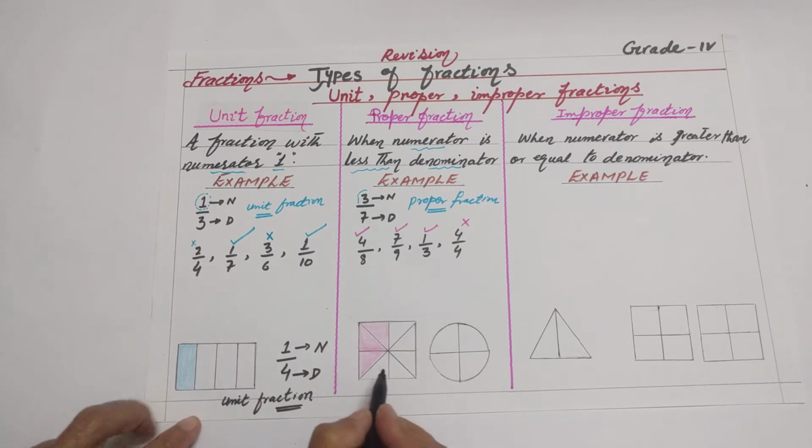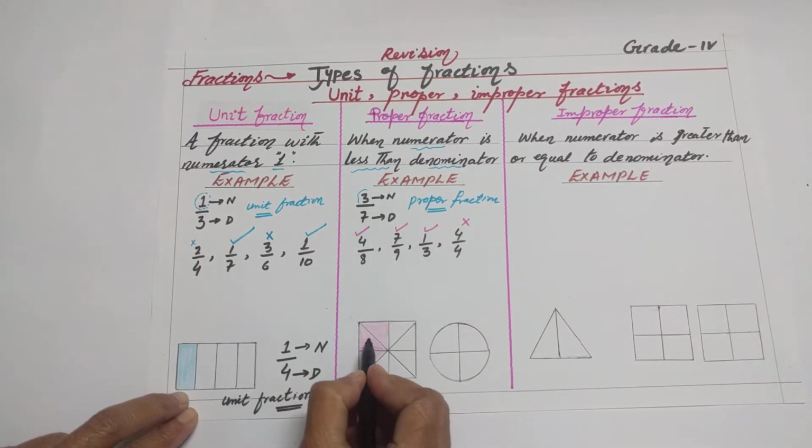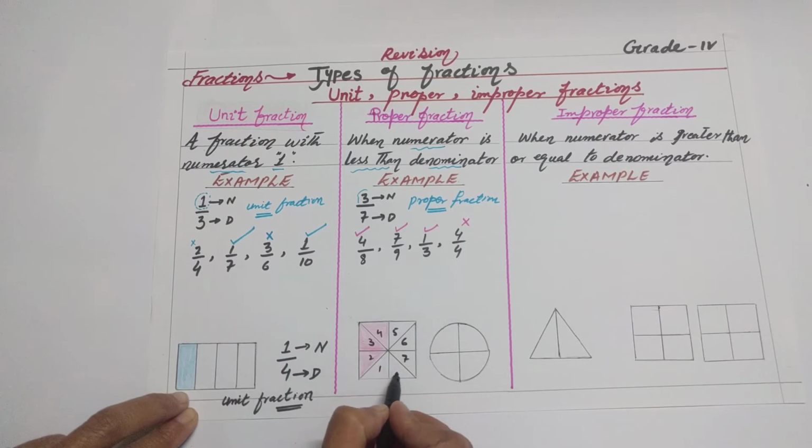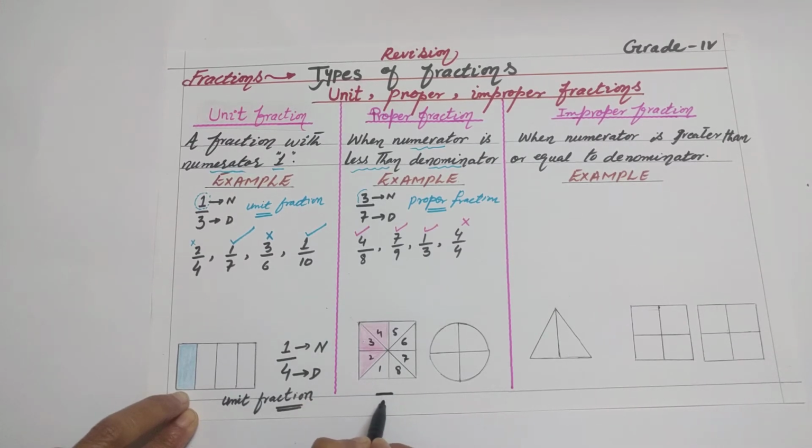Let's count. 1, 2, 3, 4, 5, 6, 7, 8. Total parts are 8. It means the denominator of this shape's fraction is 8. And as I am using just 1, 2 and 3 parts out of 8, 3 is the numerator. It means the numerator is less than the denominator.